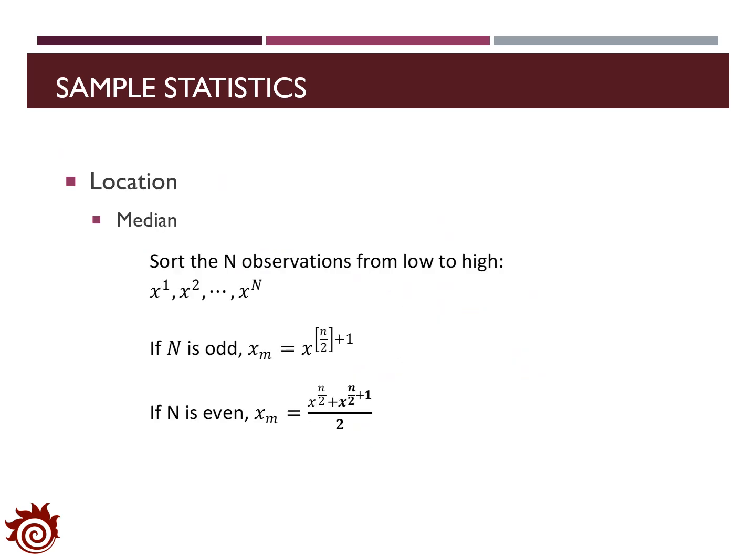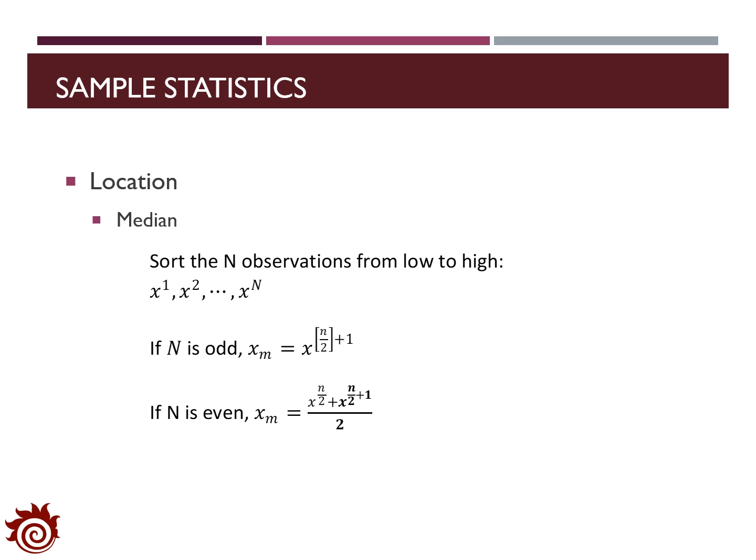The second type of location is called a median, which represents the middle value of the set of observations. To identify the median, we should first sort the n observations from low to high. If the total number of observations capital N is odd, then the median xm will equal the value of the (n plus 1) over 2 th observation.